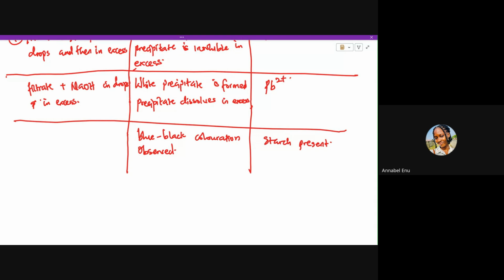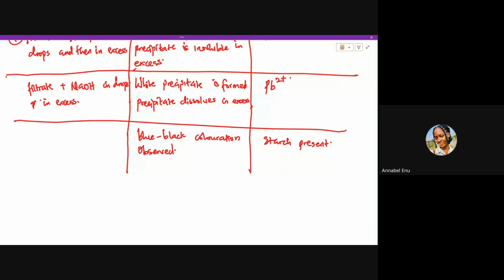Okay. Now, how do you test for starch? Who knows? What reagent do you use to test for starch? Iodine solution. Remember we filtered out the residue then.